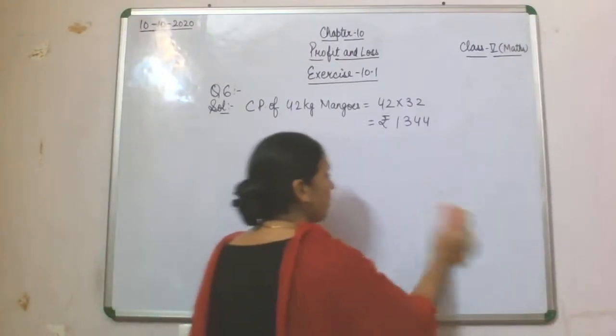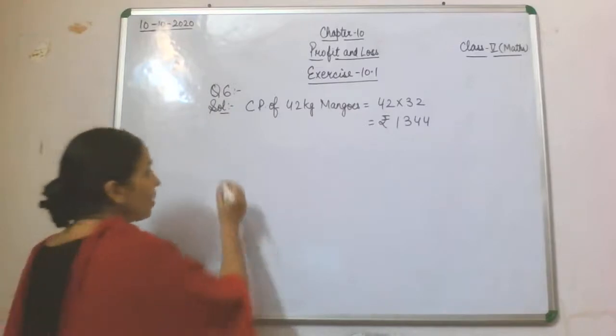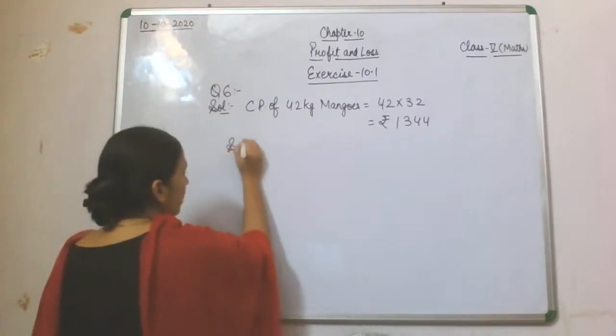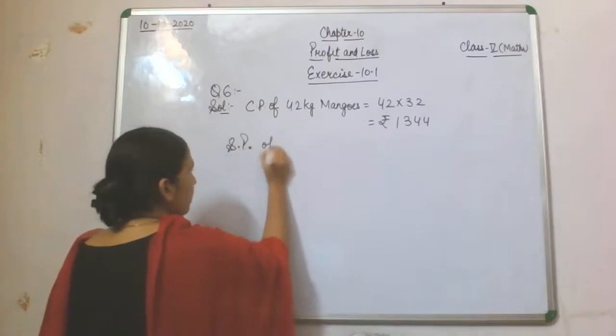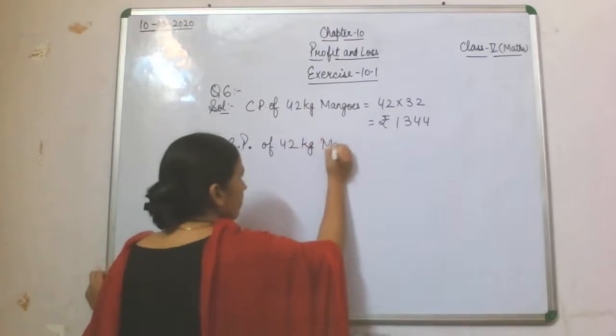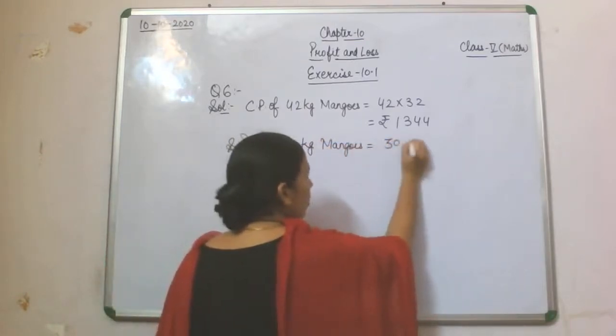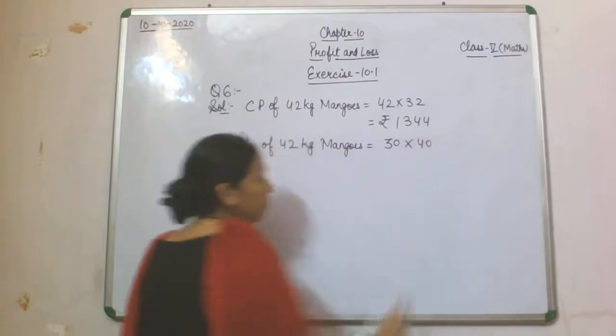Now what next we are going to do? Now selling price. In the selling price, what that fruit seller has done is that the first 30 kgs will be sold at a rate of 40.